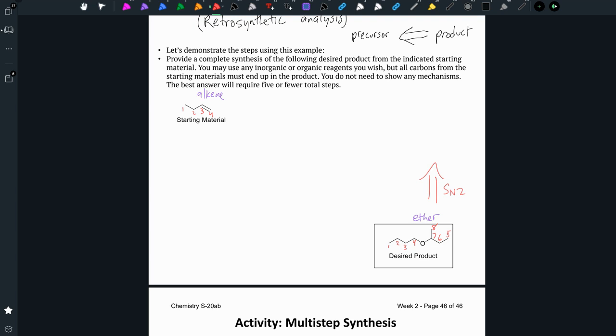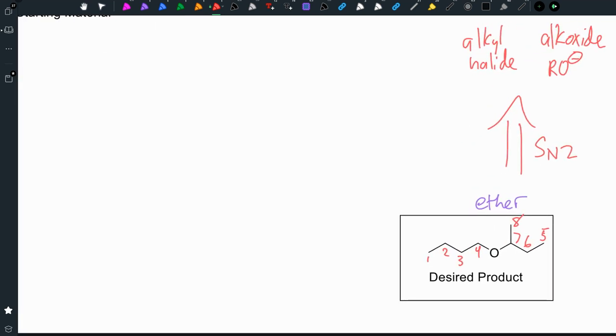All right, if I wanted to do an SN2, that's going to mean I need an alkyl halide and my nucleophile would be an alkoxide. Alkoxide meaning RO with a negative charge. So what would these pieces look like? My alkyl halide, the question is, do I want my alkyl halide to be on carbon 4 or on carbon 7? Well, carbon 4 is a primary carbon, carbon 7 is a secondary carbon.